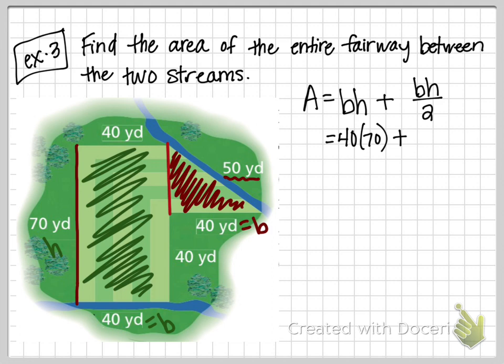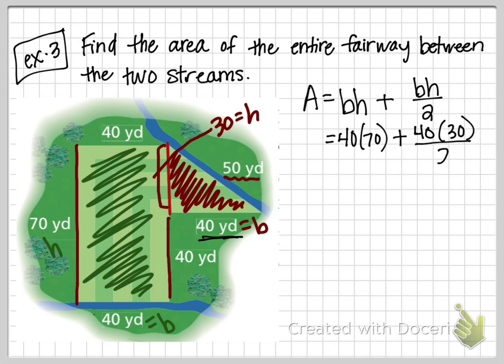What about this long side is 40? What would this then be? 30. 30 is the height of our triangle. Do you see how we got that? Okay, let's plug in what we know to the area of the triangle. The base we said was 40, and the height we said was 30, and we'll divide that by 2.